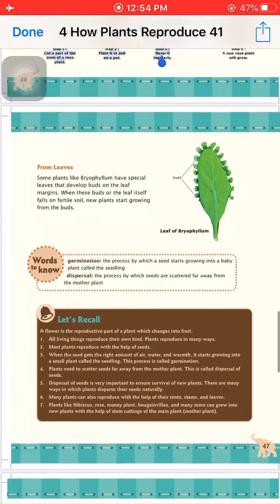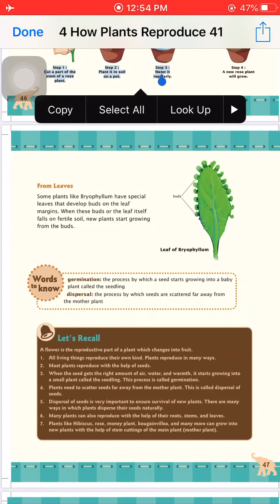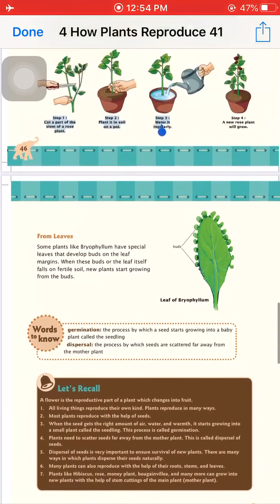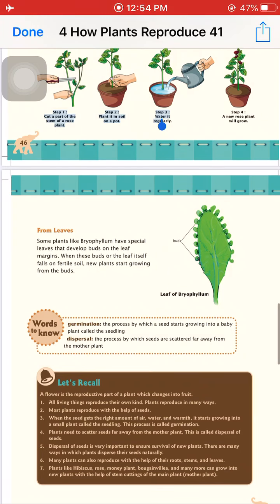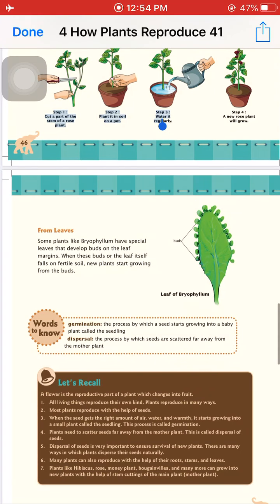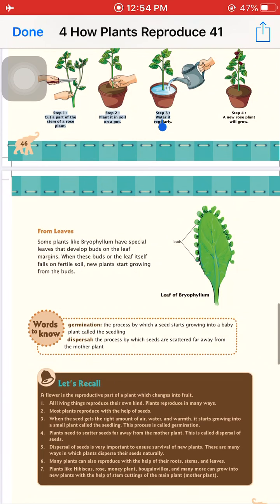Next is vegetative propagation from leaves. Means we grow a new plant with the help of leaves. Some plants like bryophyllum have special leaves that develop buds on the leaf margin.